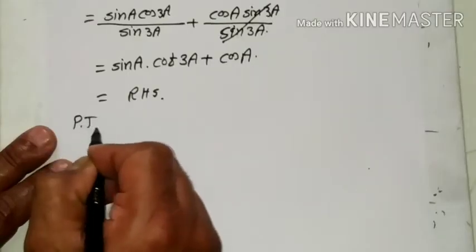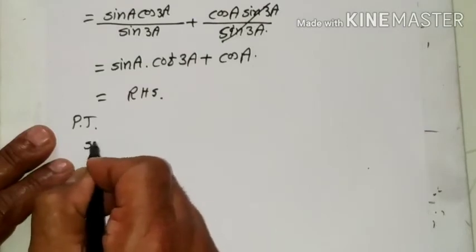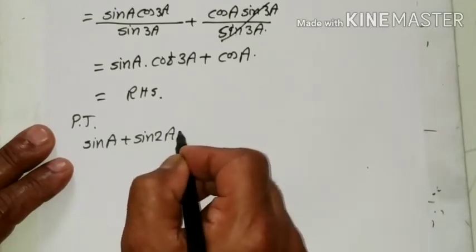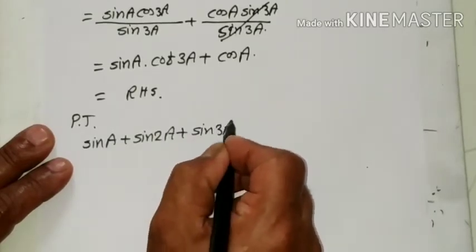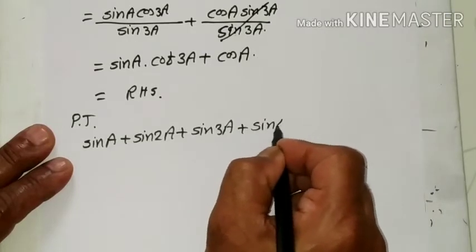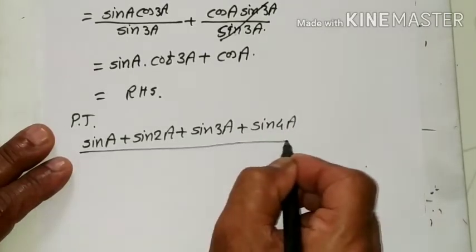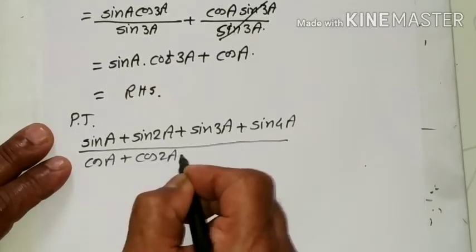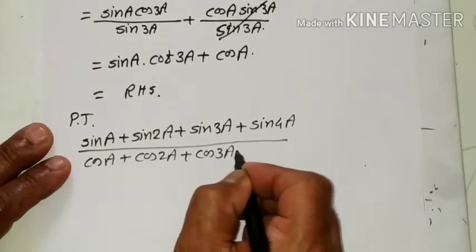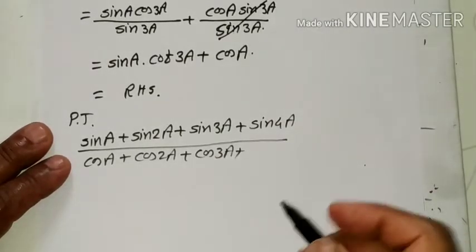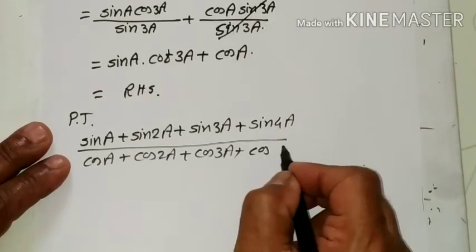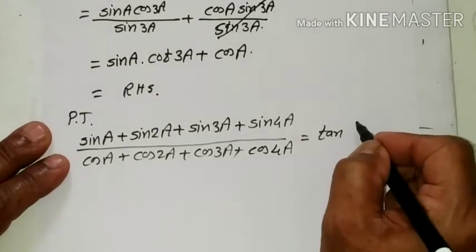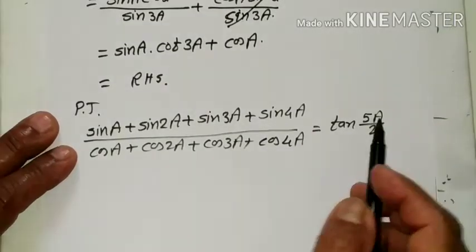Well, prove that (sin a plus sin 2a plus sin 3a plus sin 4a) whole divided by (cos a plus cos 2a plus cos 3a plus cos 4a) is equal to tan 5a upon 2.